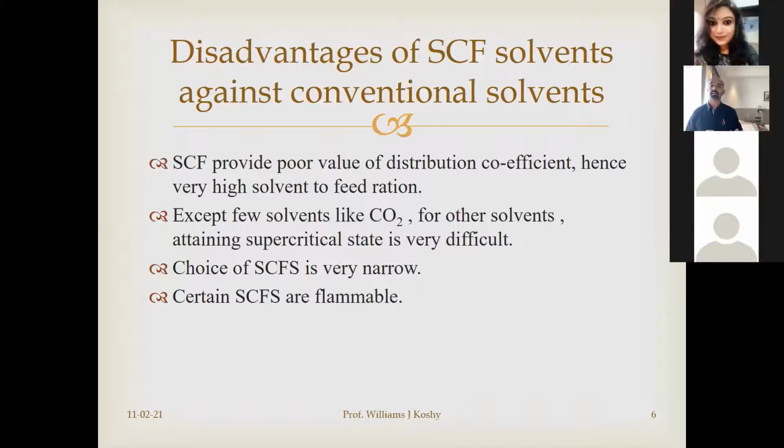CO2 के लिए it's easy to attain the supercritical state, but for some other solvents, for most of the remaining solvents, to attain the supercritical state is very difficult. बहुत ज़्यादा temperature और बहुत ज़्यादा pressure की जरूरत पड़ती है. Okay, we'll see that in the next one.